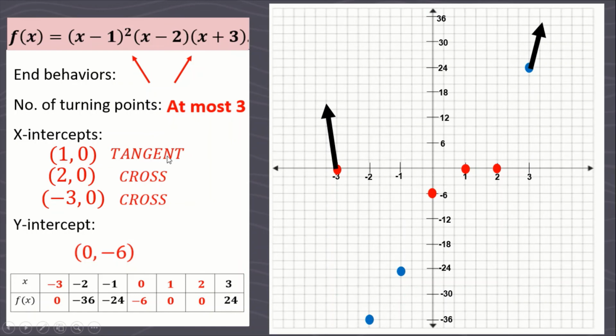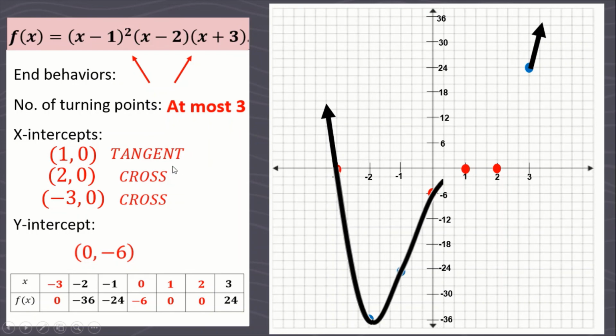Ito yung kinuha natin kanina na tangent, cross, cross, yung behavior ng graph with respect to the x-axis. Now, from this point, yung negative 3, 0, kung mapapansin nyo, ang graph daw ay magkocross. So, i-cross natin ang graph and then i-connect natin yung mga points na kasunod niya hanggang dito sa y-intercept. Next, after sa y-intercept, ang next na point natin ay itong 1, 0.